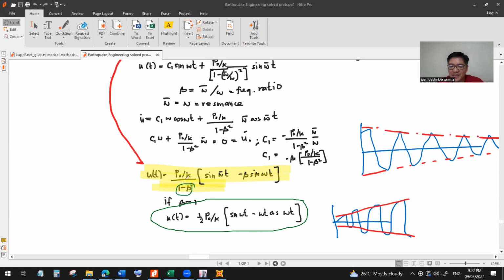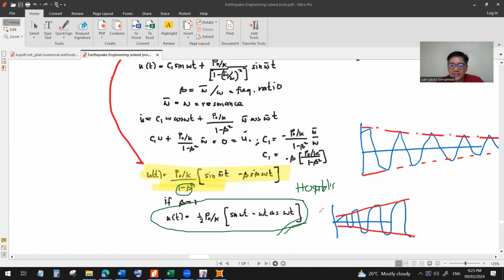Hindi pwede kasi nga magiging undefined yung sagot mo. So you will need to use L'Hospital's rule from calculus to obtain this solution. Okay, mag-derivative pa kayo. And so I'll leave that as an assignment.